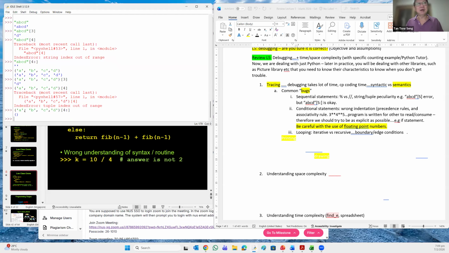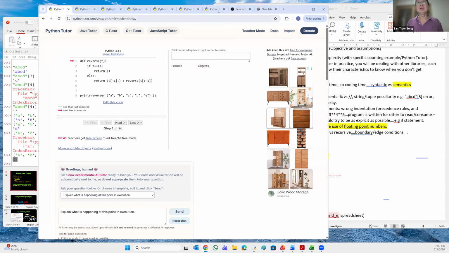This characteristic is used in recursion. For example, here we have a reverse recursion in Python Tutor. By now you should know this. This is a reverse function. If the tuple is empty, you return the empty tuple.